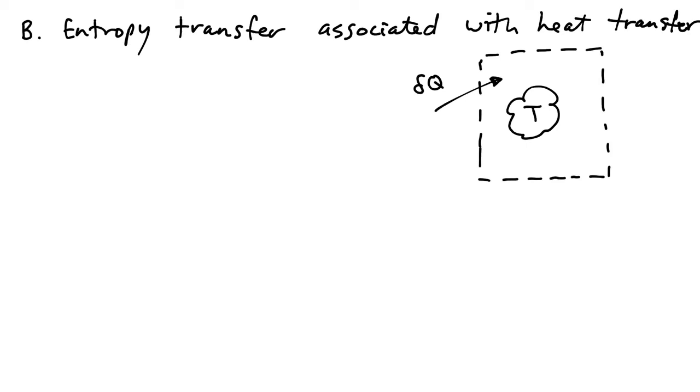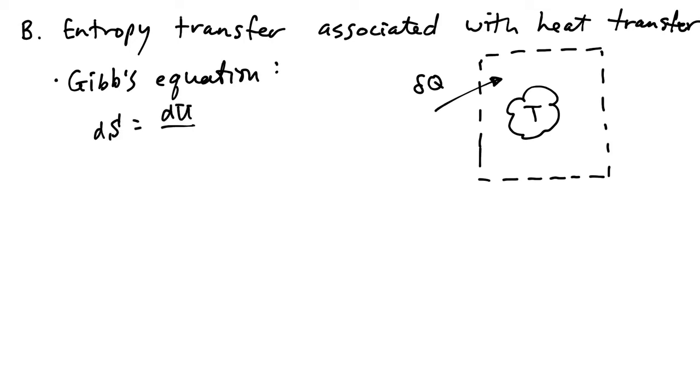So we will use the same Gibbs equation that we used before. We have dS is equal to dU over T plus P over T dV. We said there'll be no pressure volume work, so we'll just cross off the dV part just to look at the heat transfer part only.